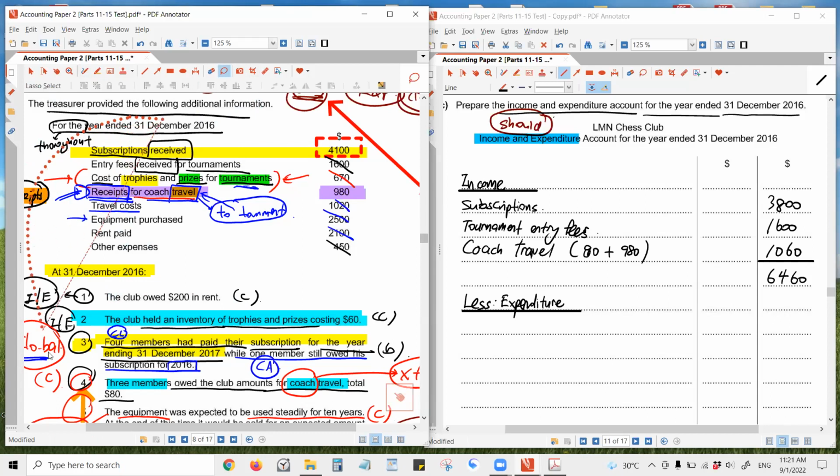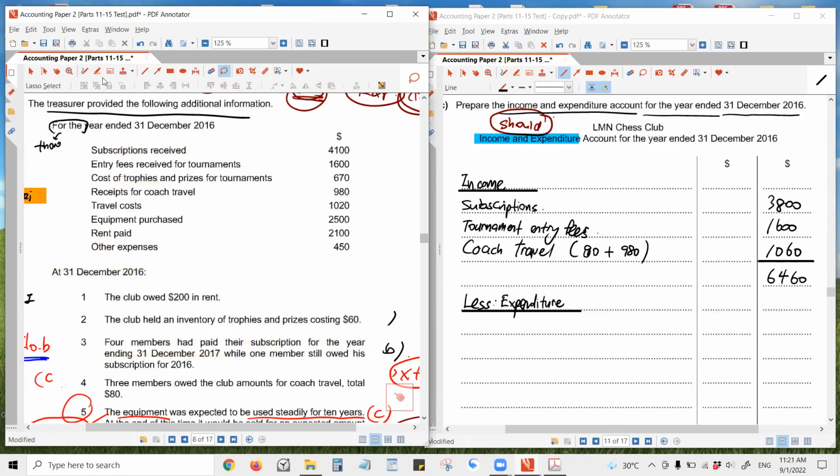Okay, let me erase certain things here first. Okay, it looks a bit messy. Okay, if you see here, during the year, you have paid a total of 670 to buy trophies and prizes. Okay, you buy a lot of trophies and prizes so that you give this to those winners in the competition.